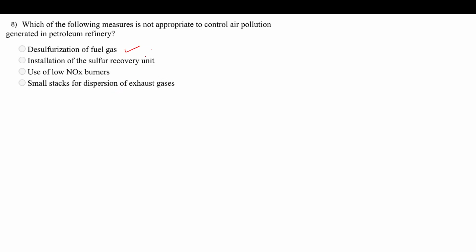So these are all correct. Small stacks for dispersion of exhaust gas is not suitable, this is wrong, because we require tall stacks so that the dispersion of air happens above and people on the ground are not affected by it.